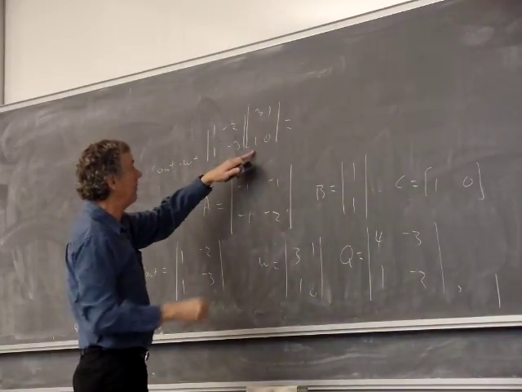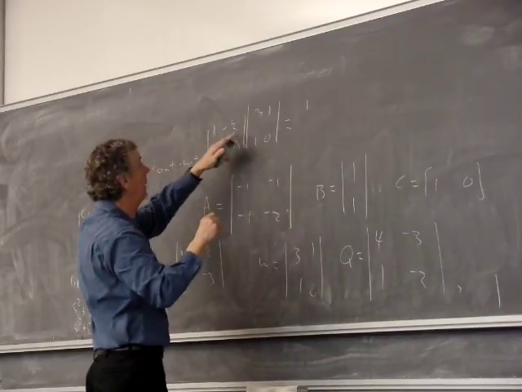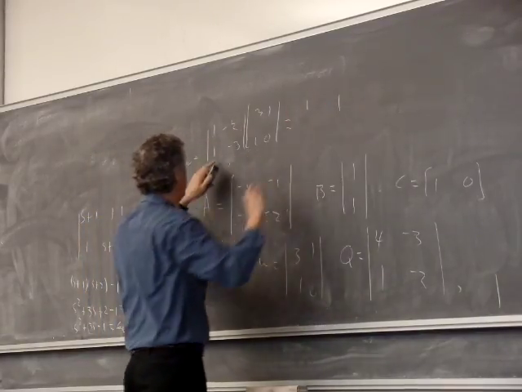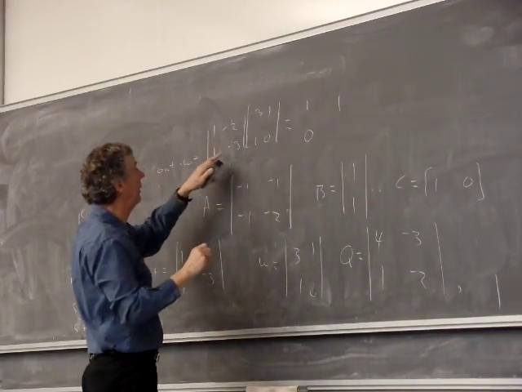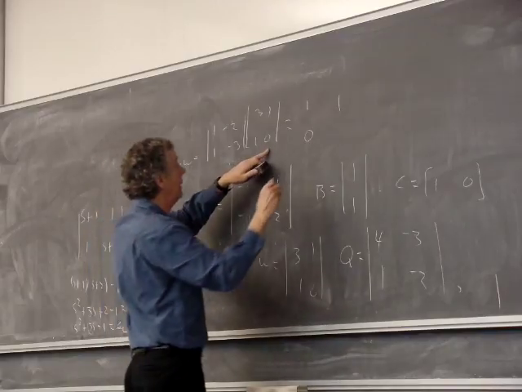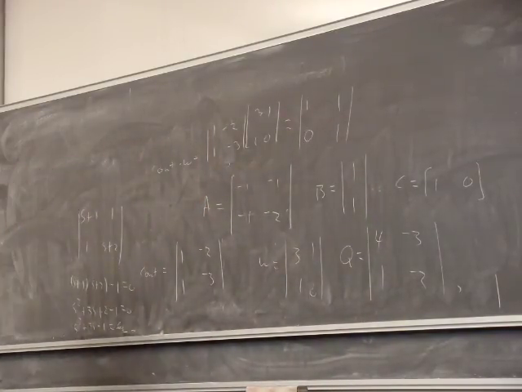So 3 minus 2 is 1, 1. 3 minus 3 is 0, 1, 0. Is that right? So that's Q.